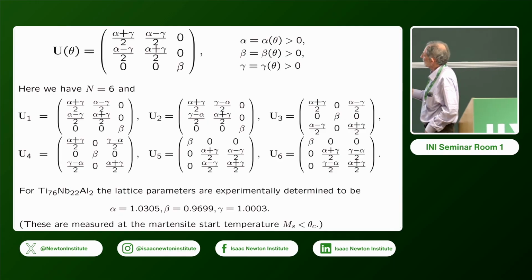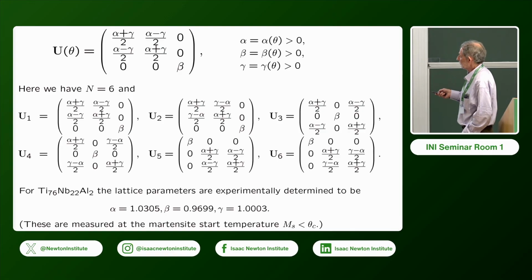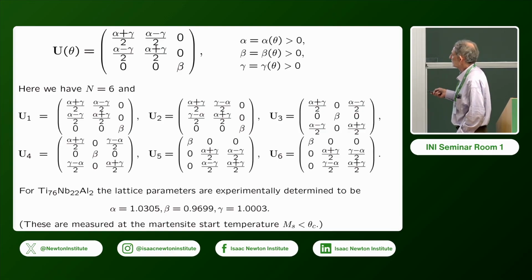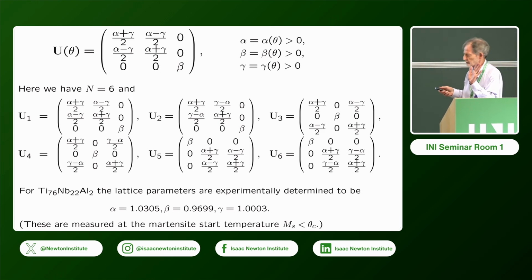The lattice parameters are experimentally determined to be alpha 1.03, beta 0.9699, and gamma 1.0003. They're measured actually at Ms, so there are some slight issues there.